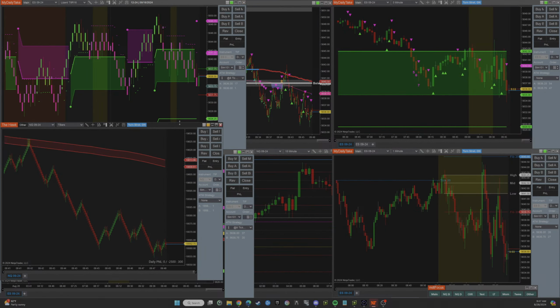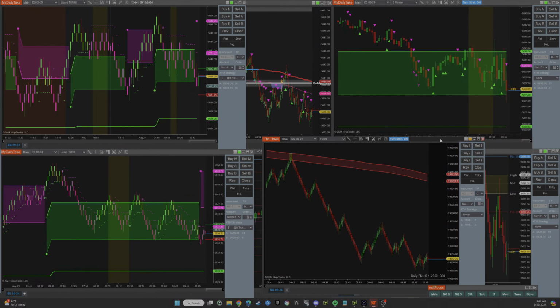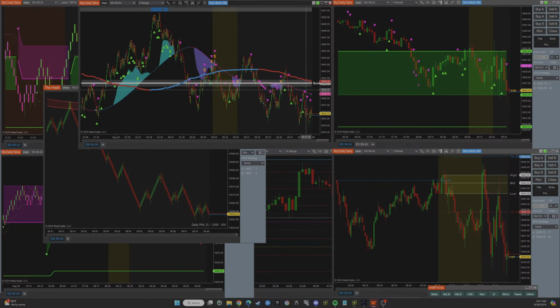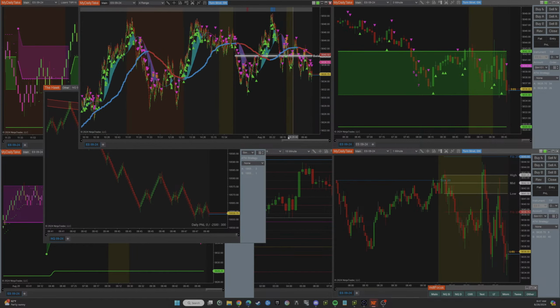I guess it's starting to finally turn down a little bit. See the shorter time frame super trend change. But it's still just a lot of chop. We kind of expected that today.